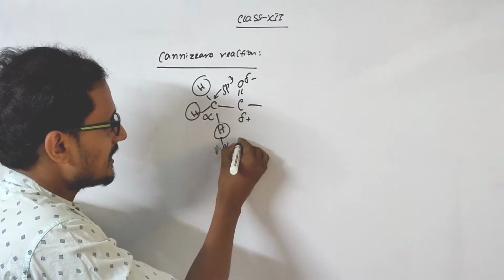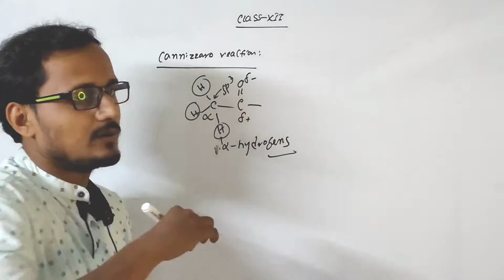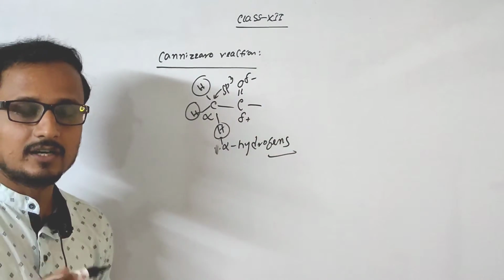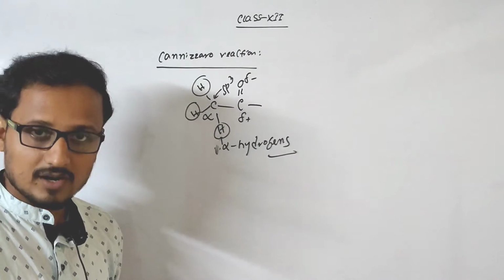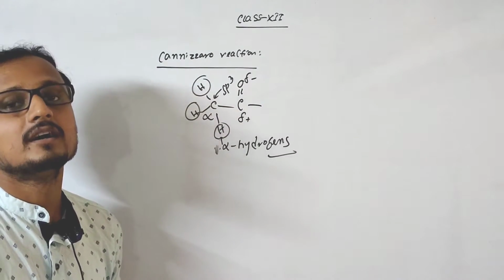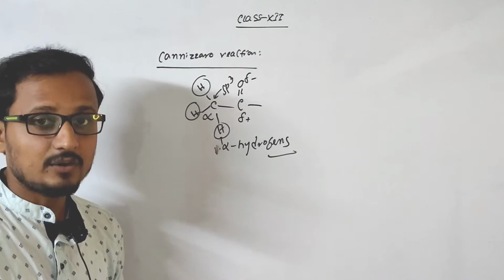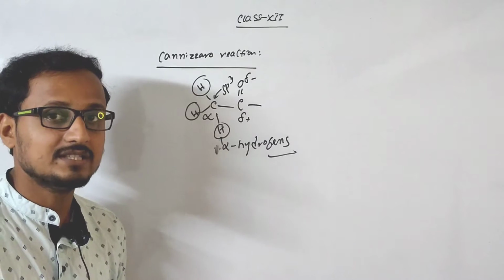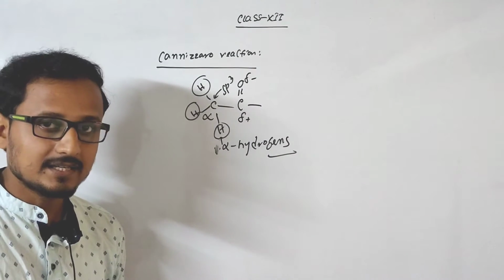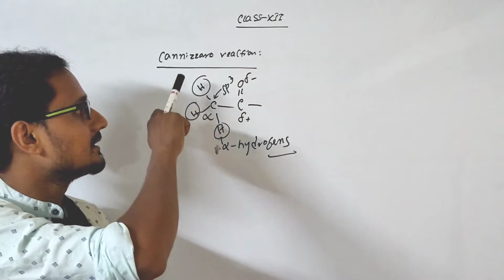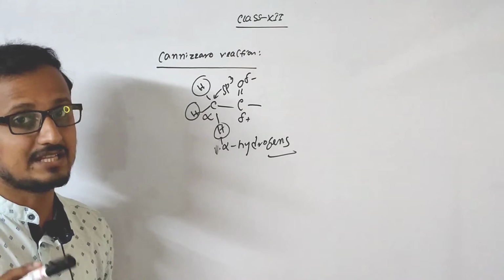So the neighbor carbon of the carbonyl carbon is called the alpha carbon, and the hydrogens attached to it are called alpha hydrogens. Now the compounds which have alpha hydrogen will participate in the Aldehyde Ketone reaction, but the compounds which don't have alpha hydrogen will participate in the Cannizzaro reaction.